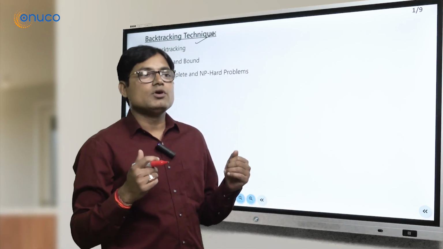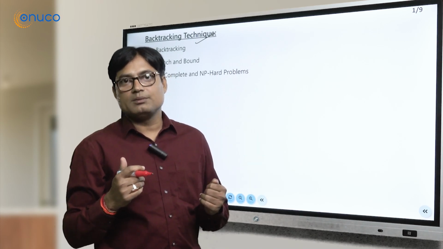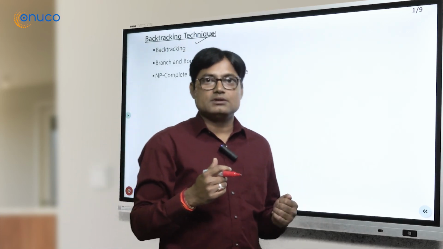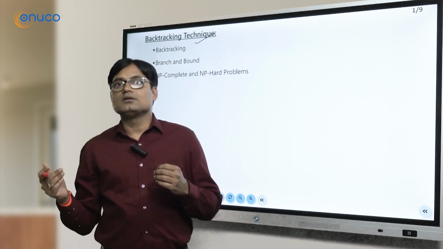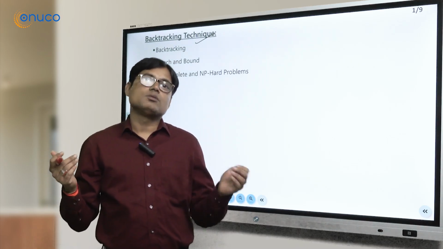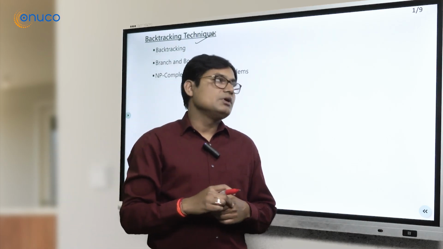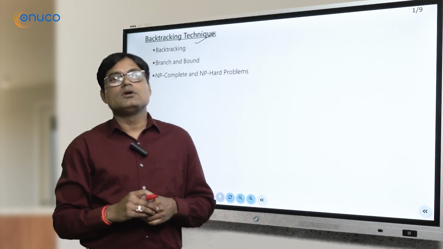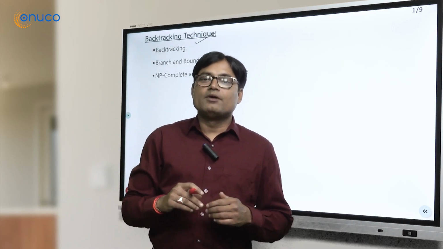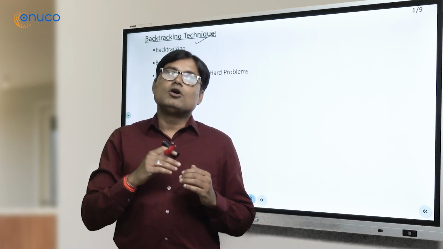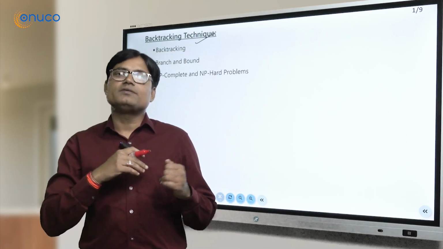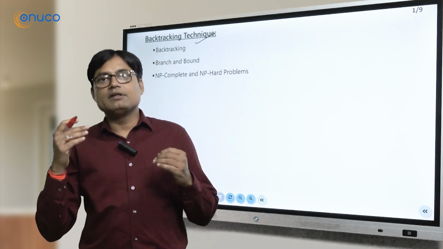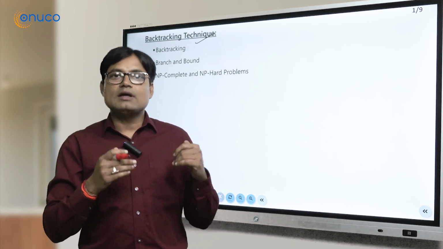And some problems will not have an exact method to solve the problem. We are going with the approximate method, or one by one you are going to try some methodology to solve the problems. So similarly here we have a concept called backtracking, where we are going to find all possible solutions, all feasible solutions, right? Even though you got some solutions, we are not happy with that.